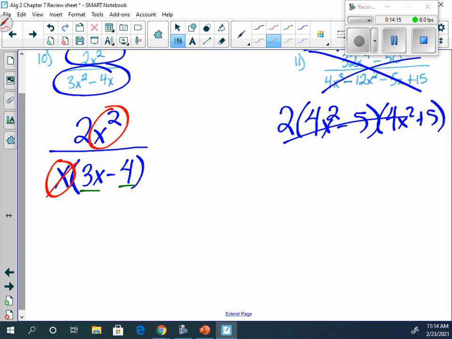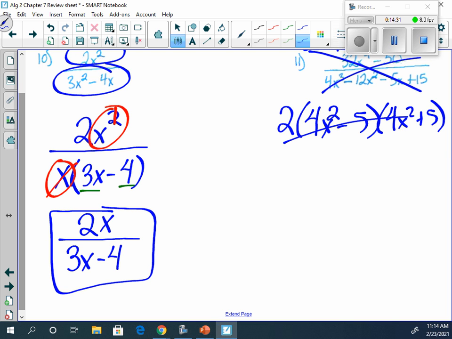So one of these x's will cancel out with one of these up here. And what that would leave us with is 2x in the numerator and 3x minus 4 in the denominator. And that's as simplified as it gets, because we can't simplify it down any further than this here.